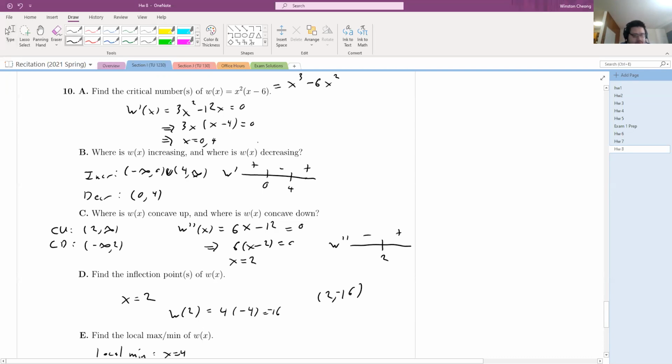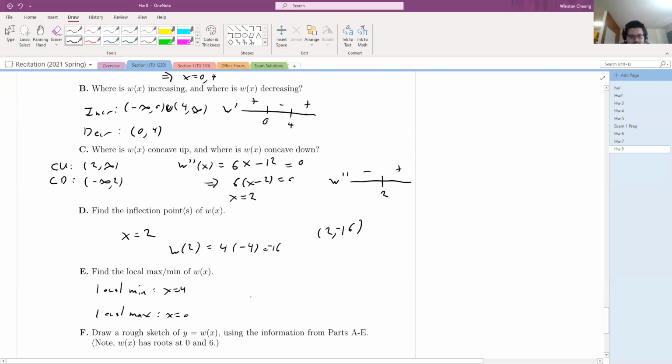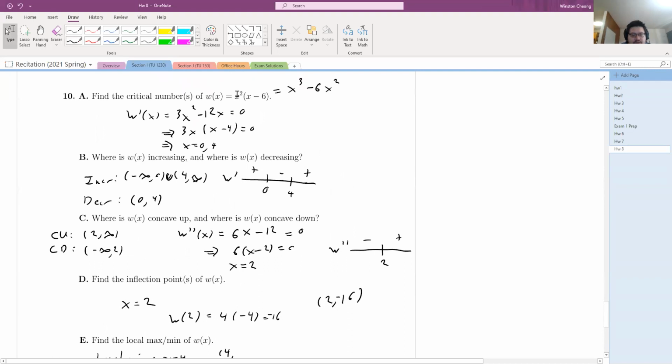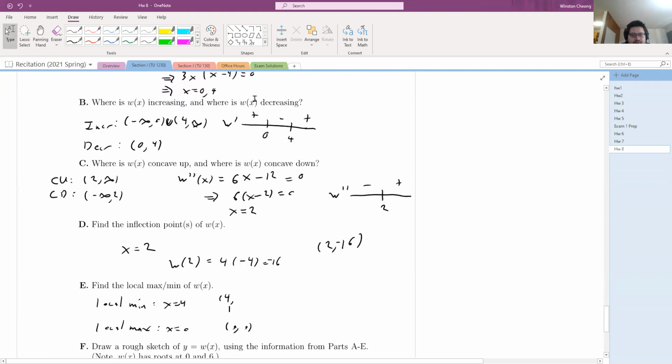Now if I plug in 0 and also 4, they show up here, so okay. For 0, I'm going to end up with 0, 0. For 4, I'm going to get 16 times -2.